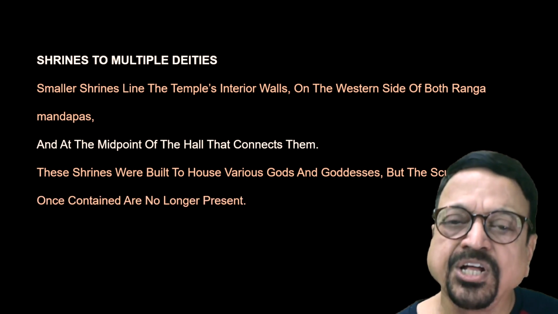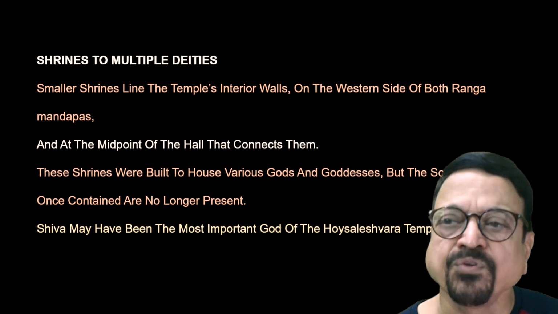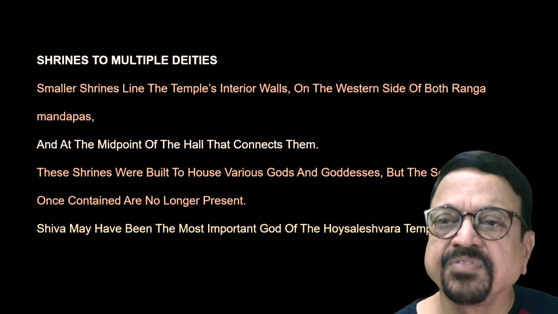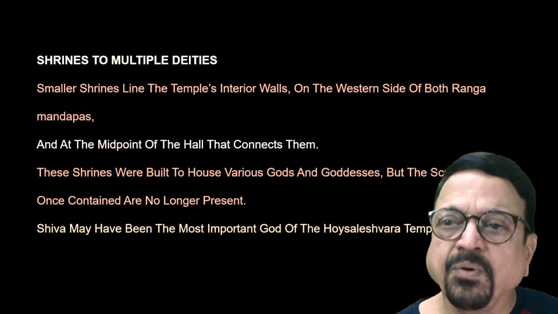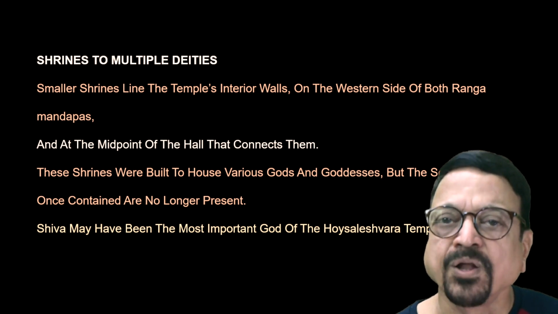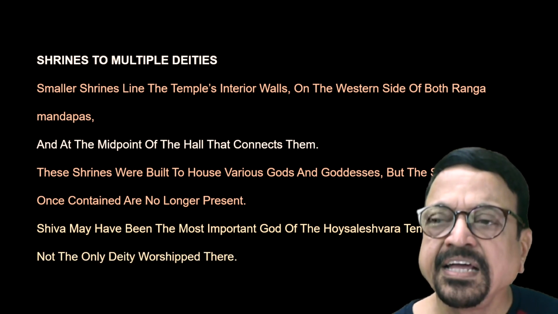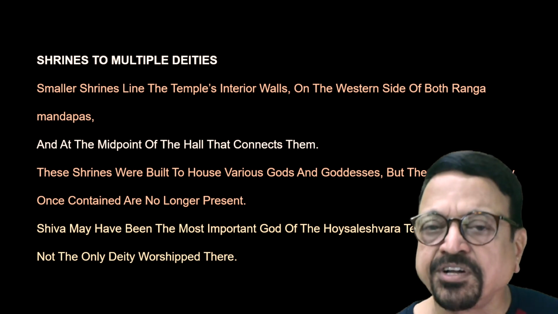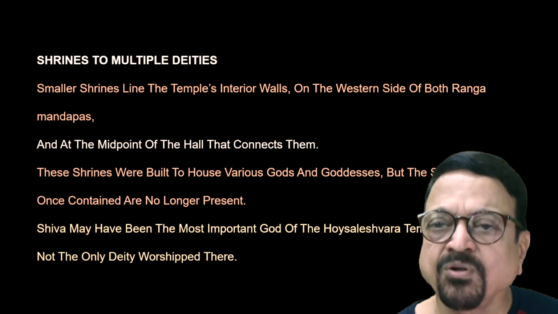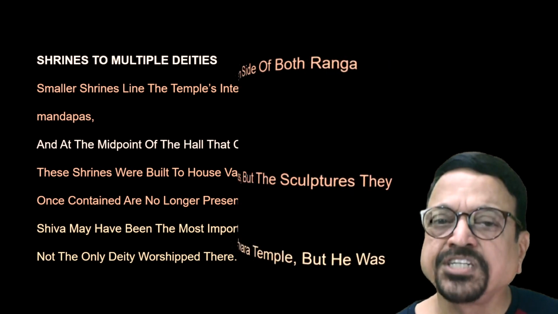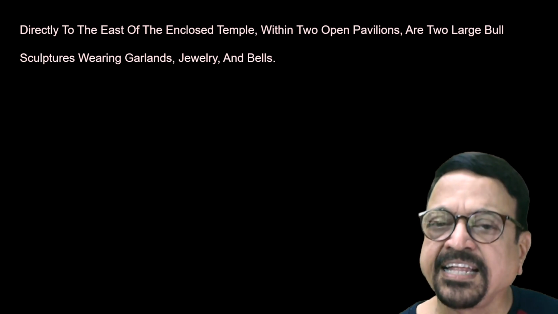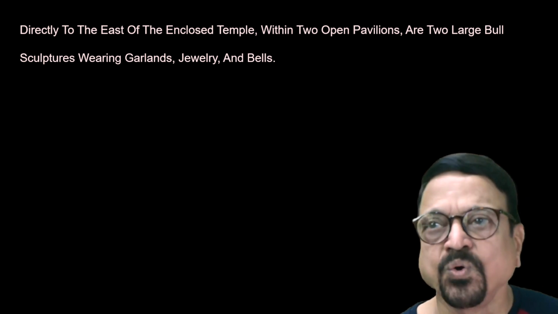The sculpture and the decoration of even the small shrines are wonderful. Shiva may have been the most important god of the Hoysala temple, but he was not the only deity to be worshipped. In this temple, you will find a lot of other deities also, which have small shrines, and they are also worshipped. So he was the main deity, as well as there were other gods and deities.